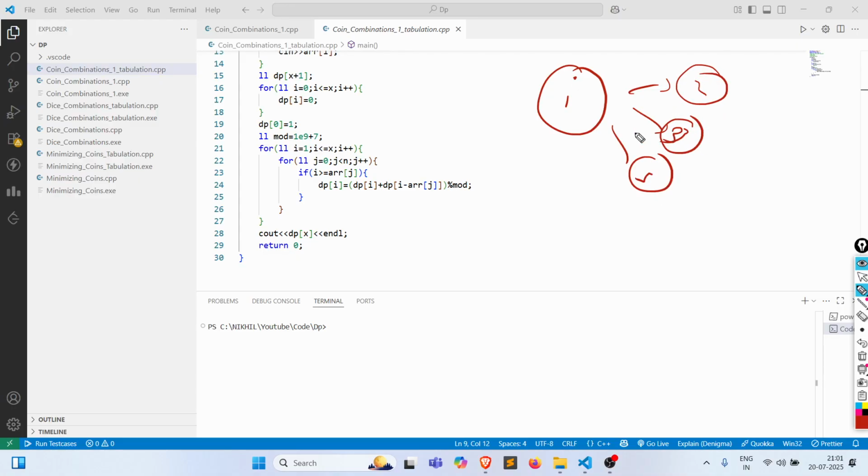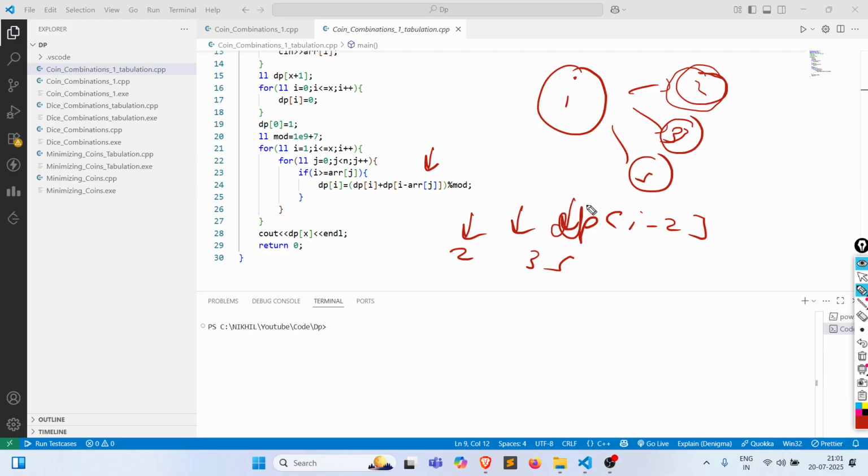So the number of ways in which at the end I would have taken 2 would be the same as dp of i minus 2. And what is 2 here? 2 here is array of j. If our array is 2 3 5, this is array of 0, this is array of 1, this is array of 2. So it would be dp of i minus array of j, modulo mod. So this is our solution.